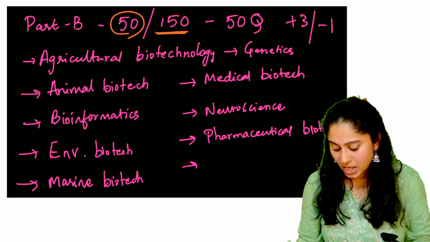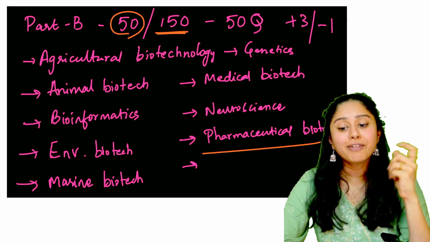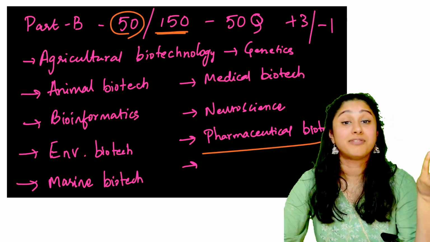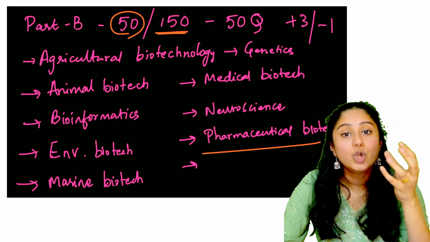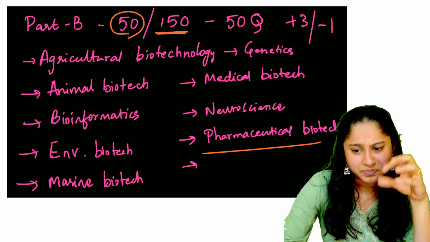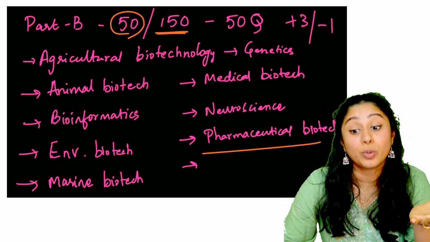For example, if you look at pharmaceutical biotech in your syllabus copy, you might feel like, I don't have a pharma background, and I don't know how I'm going to attempt this question. But if you look inside it, you have downstream processing, and some microbiology concepts included in it. Easily you will be able to pick up those topics.